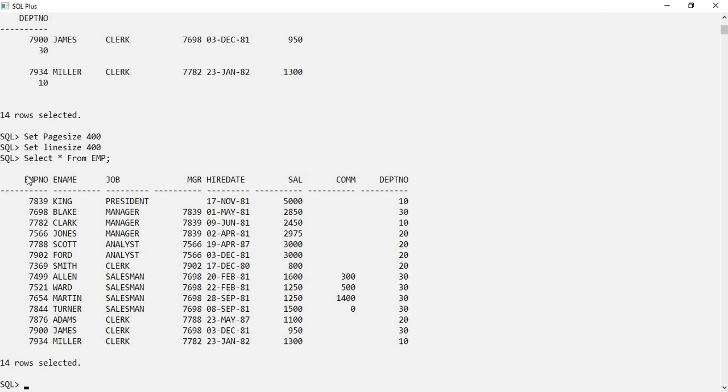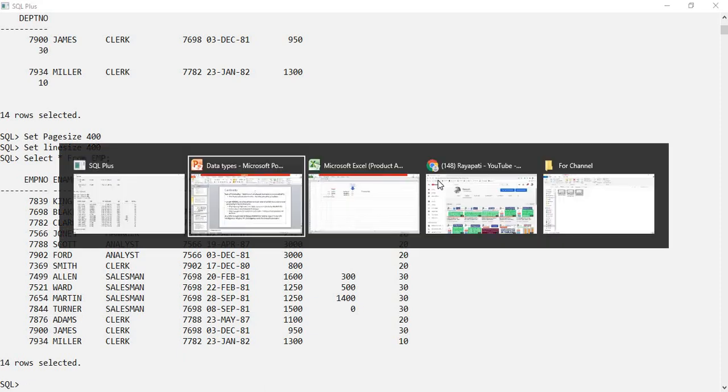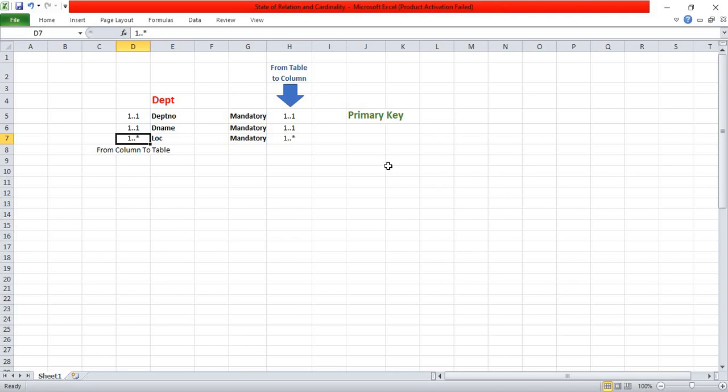Now you see, here you have these columns: employee number, employee name, job, MGR, hire date, sal, commission, and department number. So what I want you to do is pause the video here, take the columns of EMP, and from table to column and column to table, check the cardinalities as well as the state of relation.